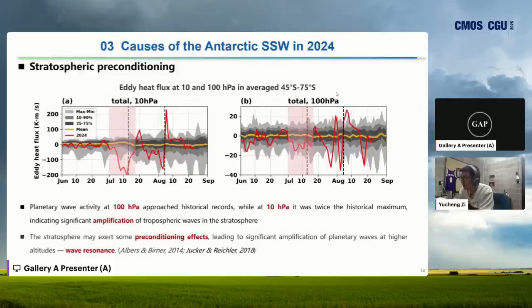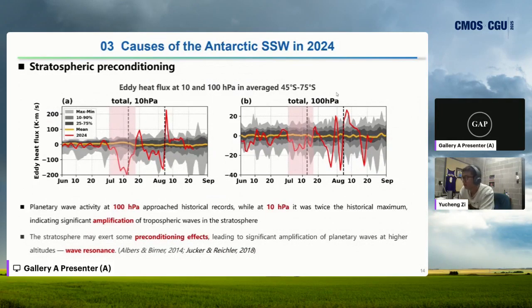This is the stratospheric preconditioning for the SSW. This panel is the eddy heat flux at 10 and 100 millibar. We can see in panel B, at 100 millibar, planetary waves approach the historical records. However, in panel A at 10 millibar, it was twice the historical maximum, indicating a significant amplification of the planetary wave in the stratosphere.